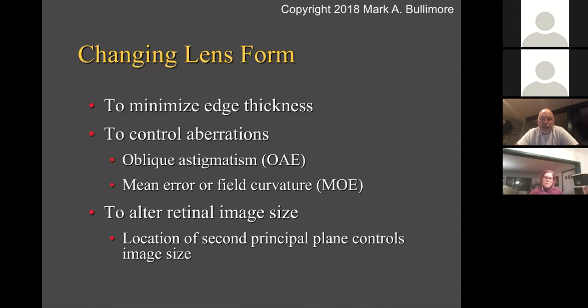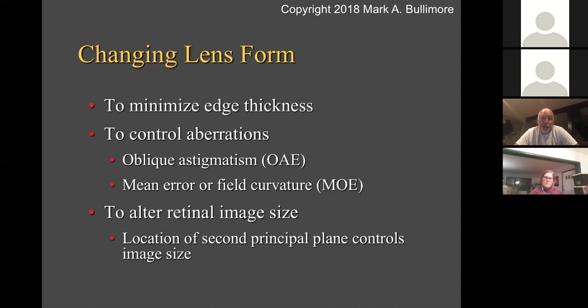Usually we try and keep the surfaces relatively flat because that minimizes the edge thickness. But of course, we choose a base curve frequently that will control peripheral aberrations. And the important aberrations for a spectacle lens are oblique astigmatism and mean error or field curvature. Those are off-axis aberrations. That's what we really care about.